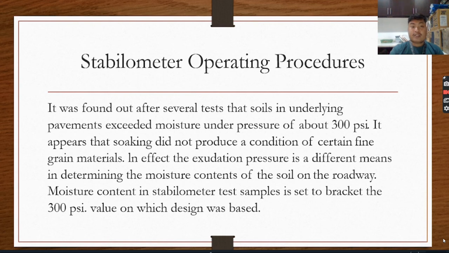It appears that soaking did not produce the condition of certain fine-grained materials. In effect, the exudation pressure is a different means of determining the moisture content of the soil on the roadway. Moisture content in stabilometer test samples is set to bracket the 300 pounds per square inch value on which design was based. Other strength tests will be reported by the next reporter.